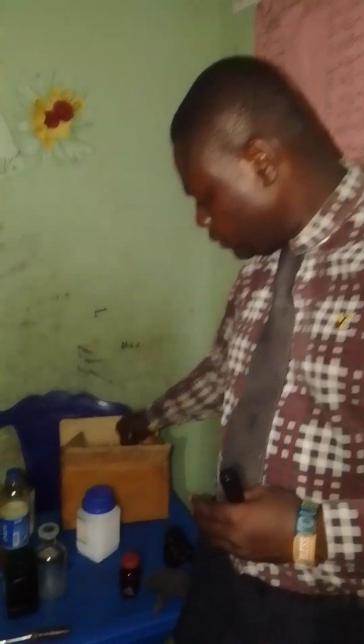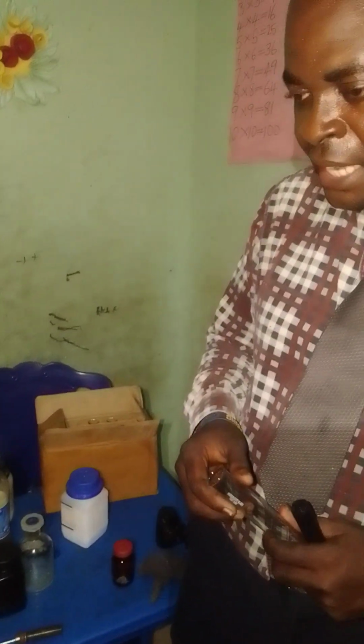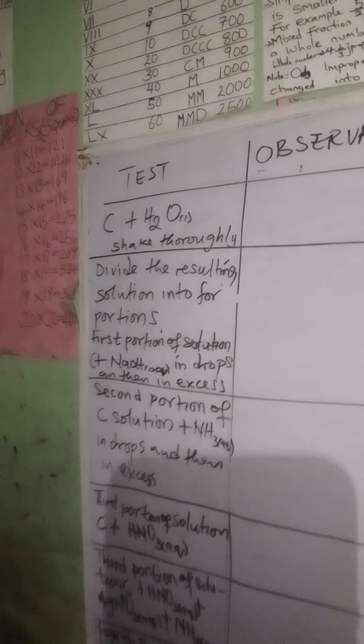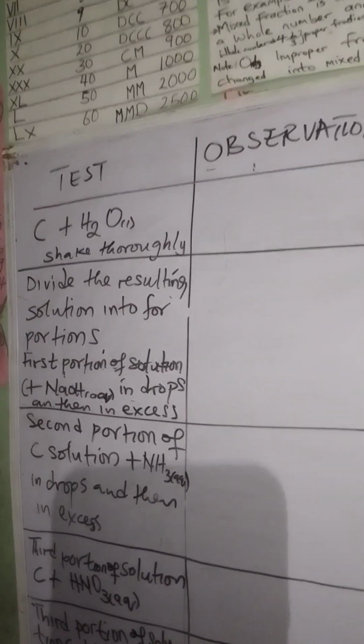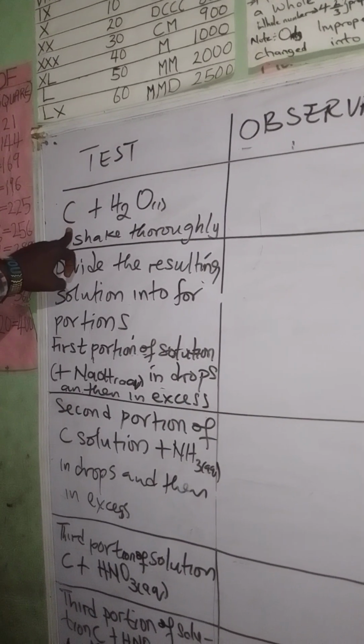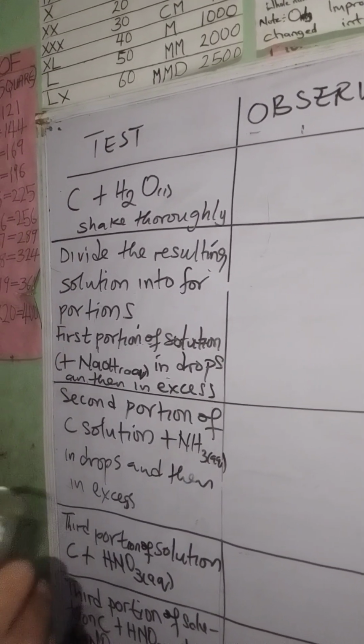Now, we want to follow the instructions given here. If you look at this table, we are asked to put C, which is our zinc chloride.